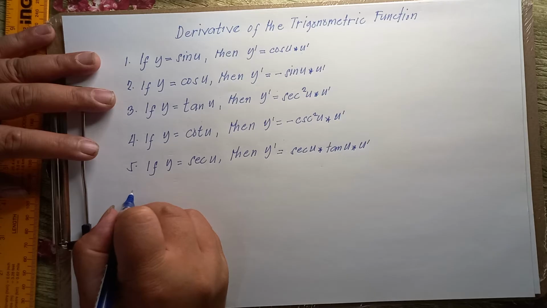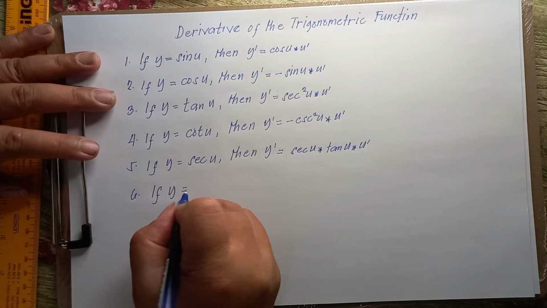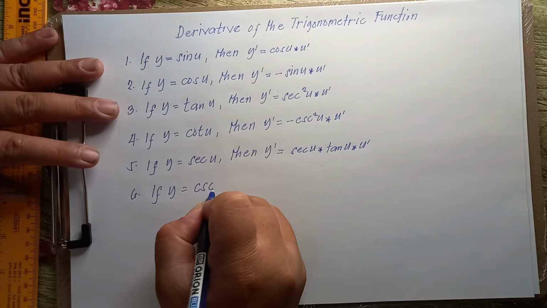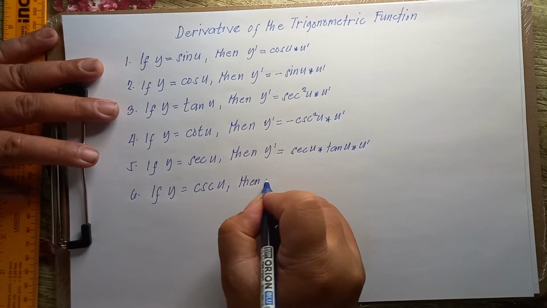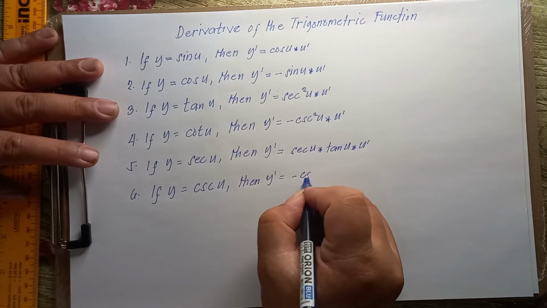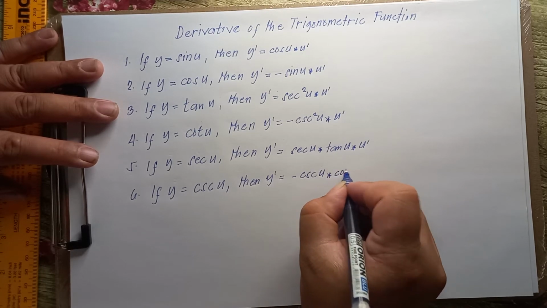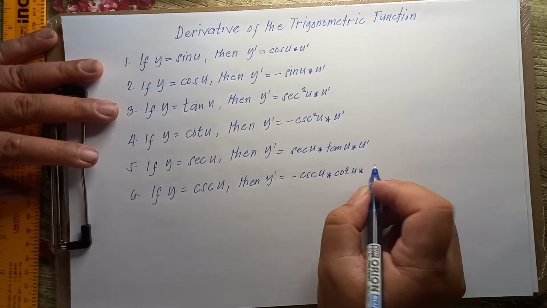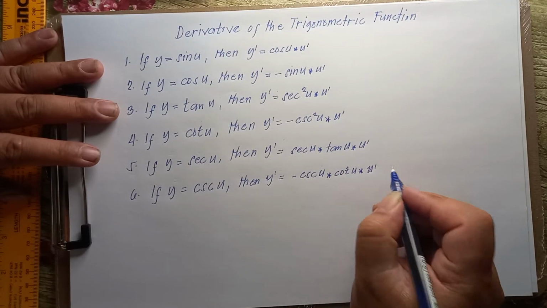And number 6, if your y is defined by cosecant u, then its derivative, which is y prime, is the same as negative cosecant u times cotangent u times the derivative of u, which is u prime.